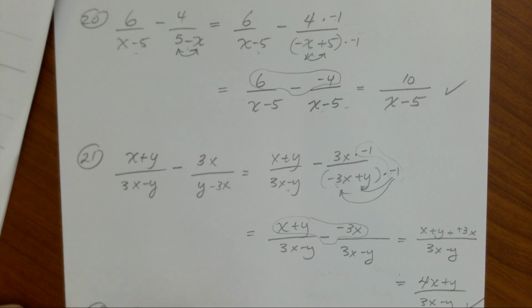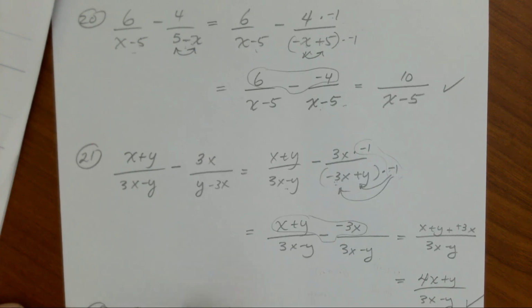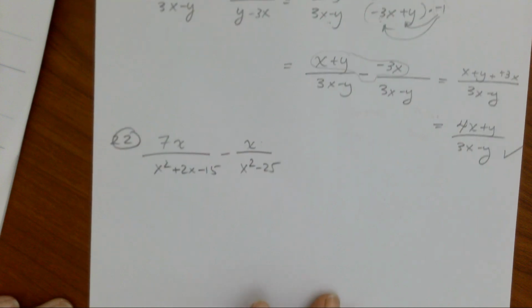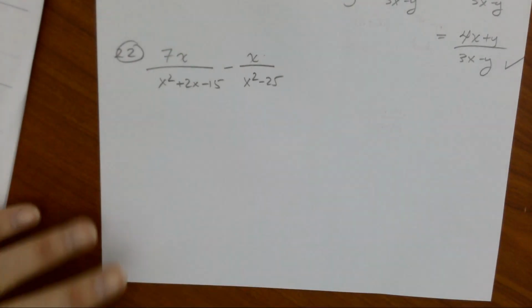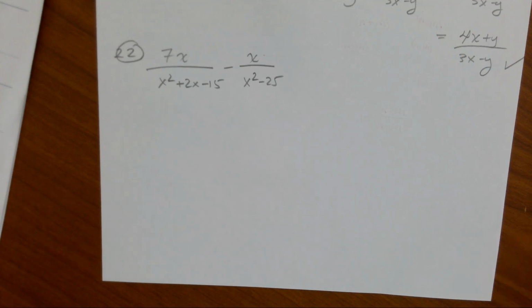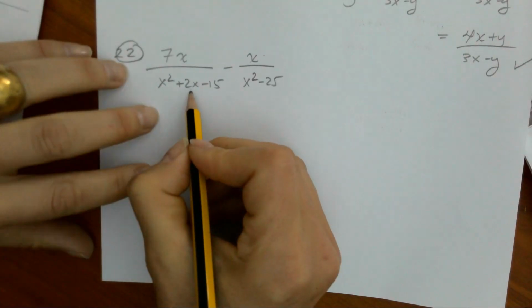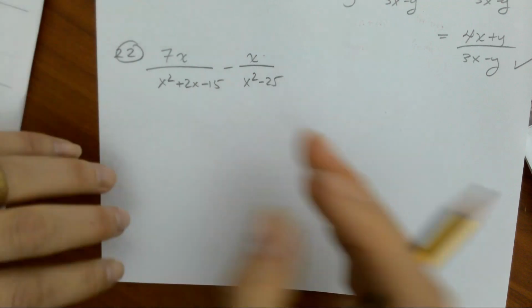7x over x squared plus 2x minus 15. Okay. Oops, you can't see it. So now in order to do this one, I have to factor the bottom to be able to make a common denominator.